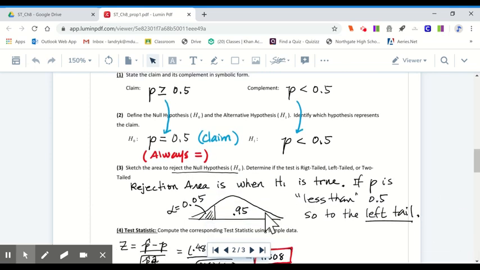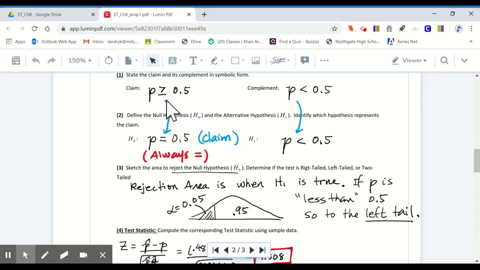The next step is to sketch the rejection area. Here it's slightly different than what we did before. Now our rejection is when p is less than 0.5. It is not two-tailed, less or greater. We only reject when p is too small.